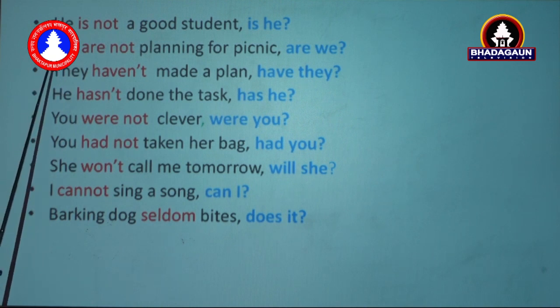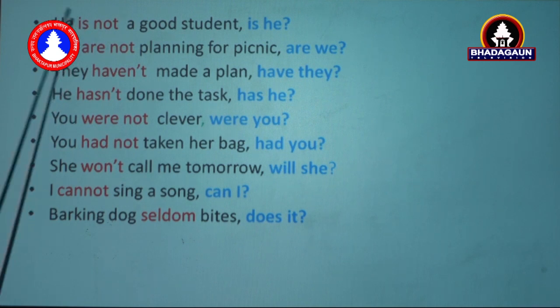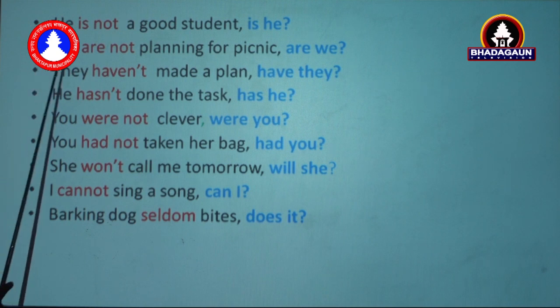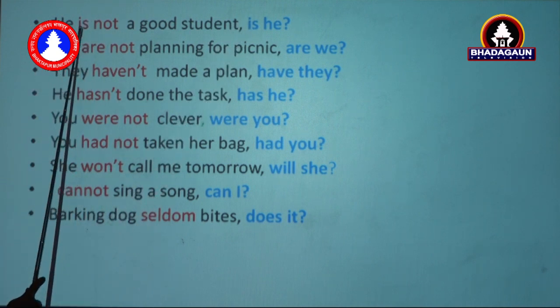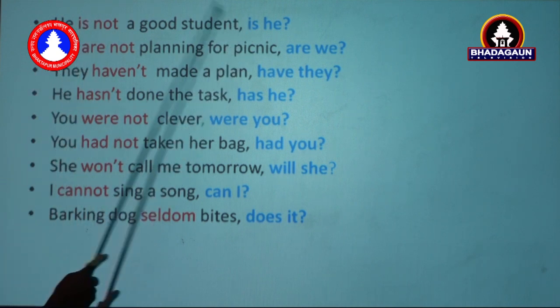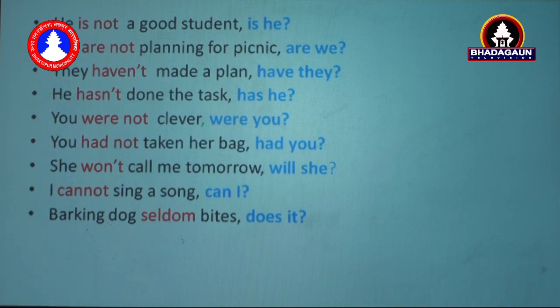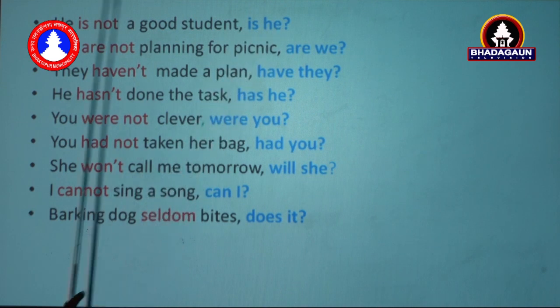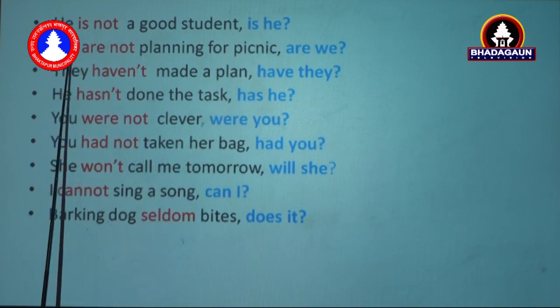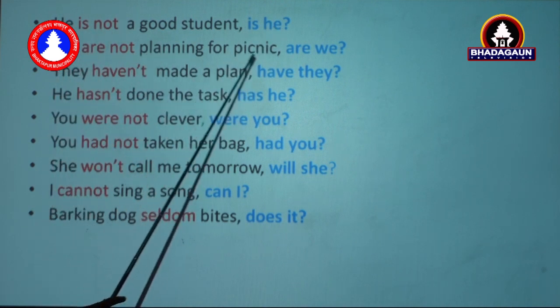So he is the pronoun, and is is the auxiliary verb, so use is here, then the pronoun: is he. Statement negative, tag positive.